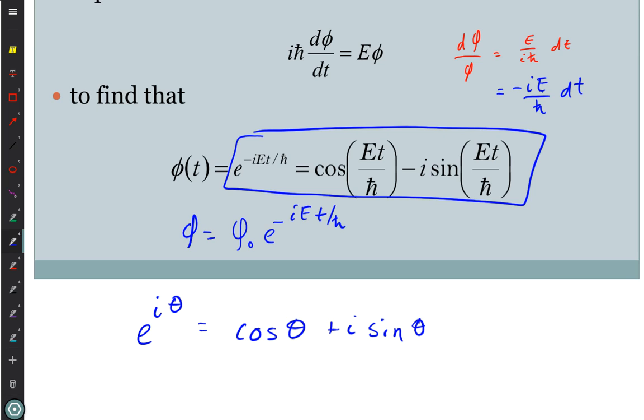Sine of minus theta is minus sine of plus theta, so that's why the sign changed in front of the sine term. So that's something we can use to change from an exponential with an imaginary number in it to simple sinusoids, because we understand simple sinusoids better. I do, at least, and I expect most of you do too.